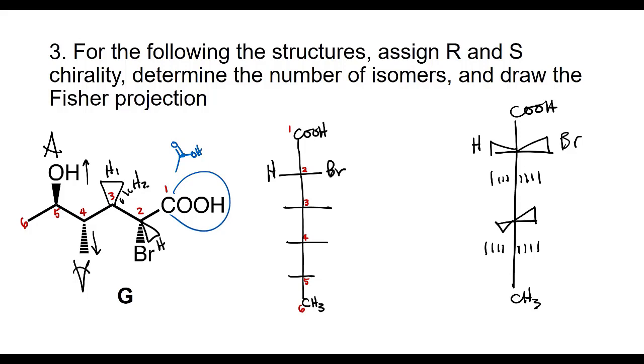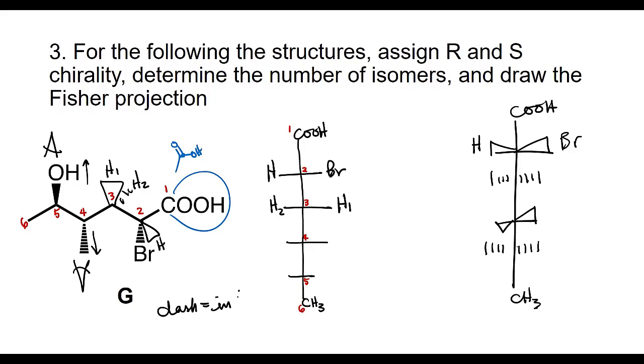Almost. So on my right will be H1, H2. Because you said the dash is inside the page? Dash equals in, away.